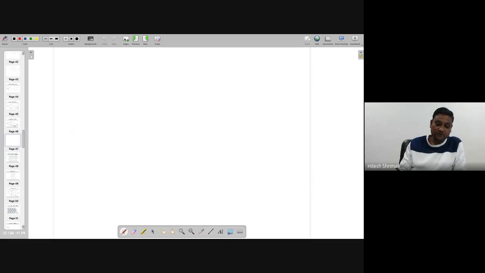Now how does this sense amplifier look like? If you remember, we already studied that previous topic, but I am drawing it over here so that you can remember what we have studied.